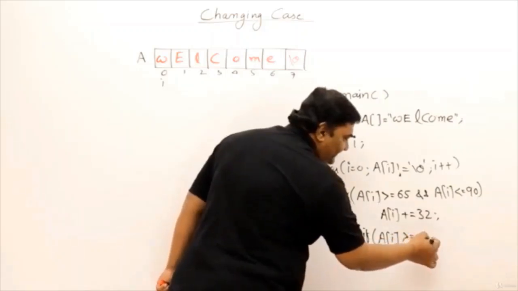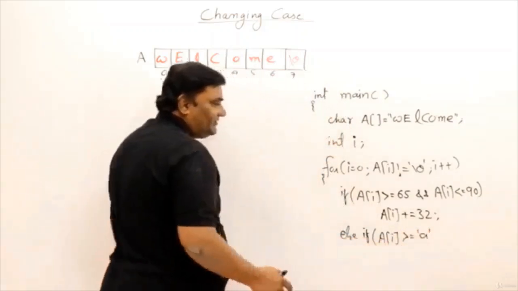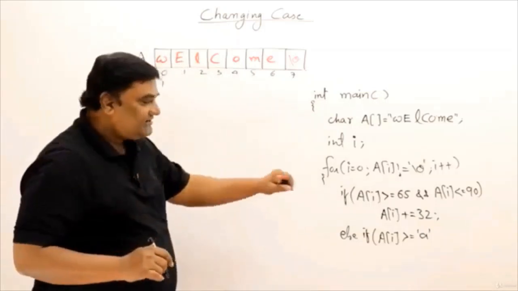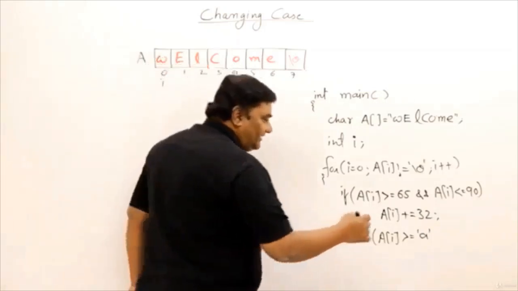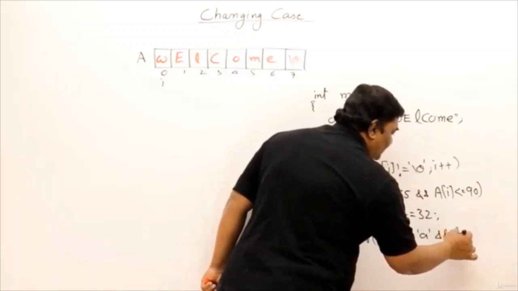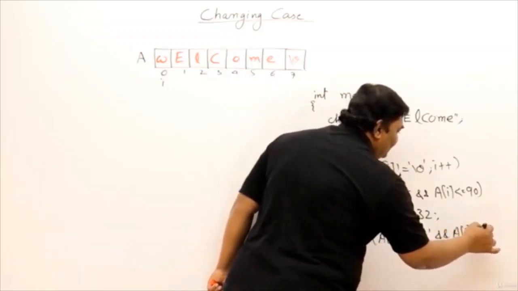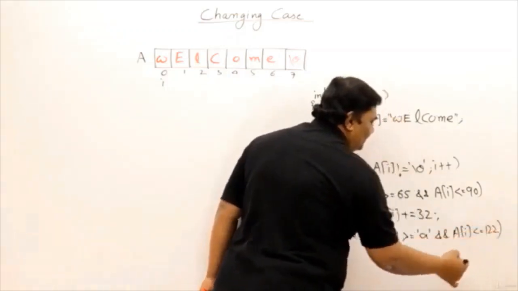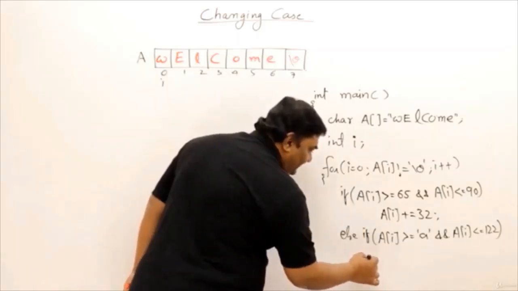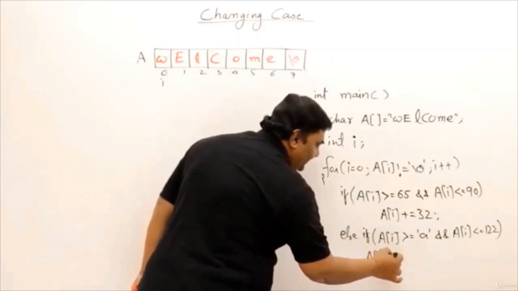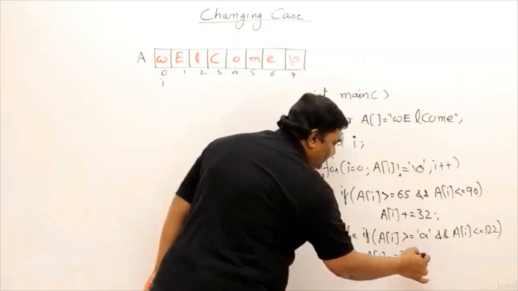Instead of writing 97, I can write the alphabet also in single quotes. And A of I is less than or equal to 122. If so, then I should change this by subtracting 32.